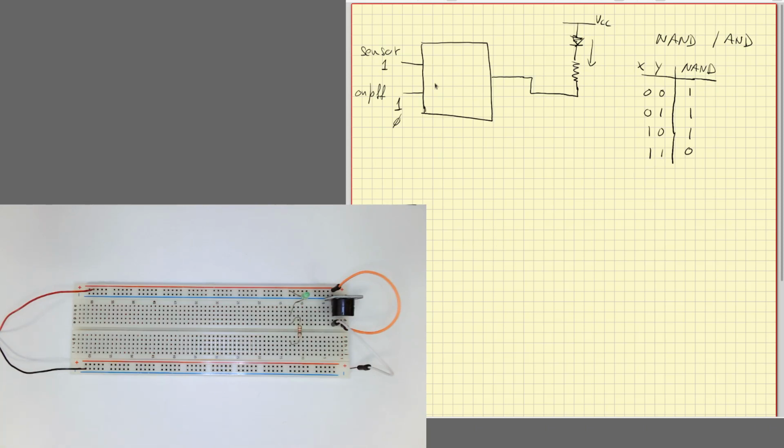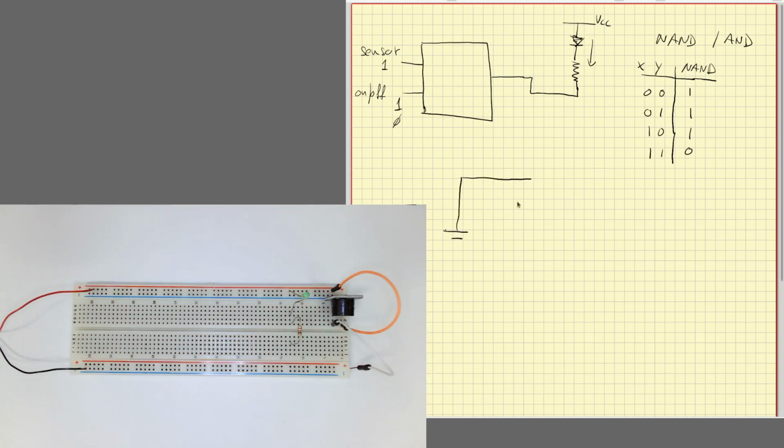So now I have to build the interface to the outside world. This will be a way to sense our input, and if I want the alarm to activate when the input is 1, then we can use a sensor that makes a 1 here. To do that, we will use the same circuit that we used before, which is basically we are going to have our power supply here.